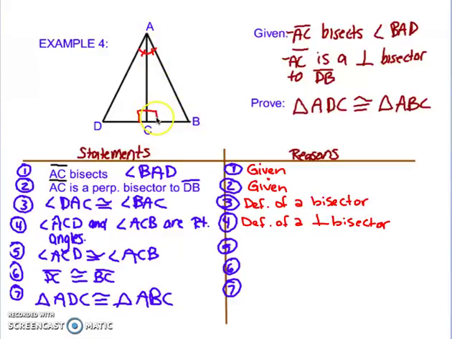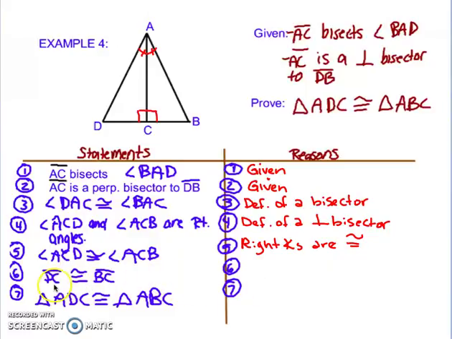And again, we've got another right angle on this side. So for this statement, for our reason, we would say that right angles are congruent.